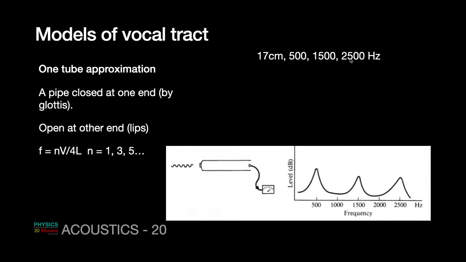If you want to do this experiment, you can go up to 3 resonant frequencies. So change your frequency from say 100 hertz to around 3000 hertz, and note down the reading at every 100 hertz interval. This will give you three interesting peaks, giving you the resonance frequencies of a tube closed at one end.